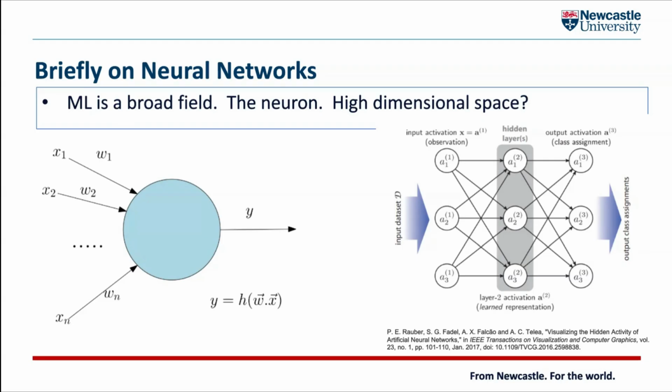An interesting thing about this: X1, X2, all the way down to Xn, that can be seen as an n-dimensional space, right? And W, these weights, cause it to be a plane in an n-dimensional space. Firing occurs because it's greater than a threshold, if the point is above. If it's below the plane, it does not fire.